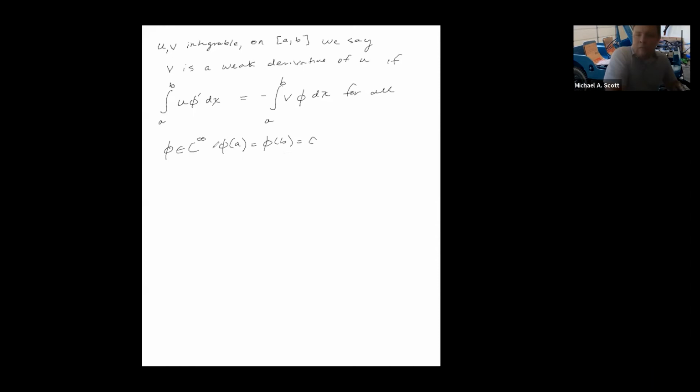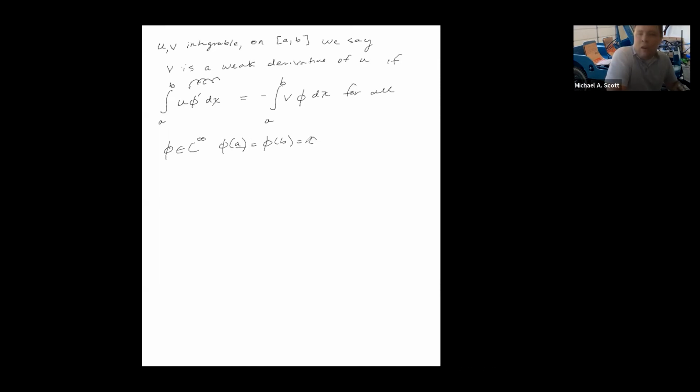I'm not completely rigorous here, but it's enough for you to see what's going on. So if you want to know what the weak derivative of u is, the way that you determine it is you take u and you test it. That means you integrate u against all phi in C infinity. These are like little bumps throughout the domain, right?